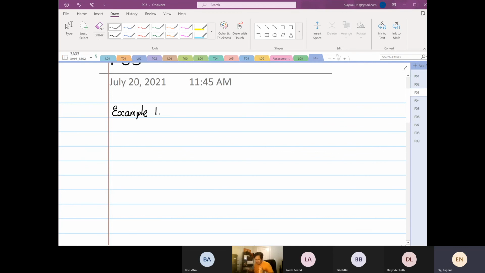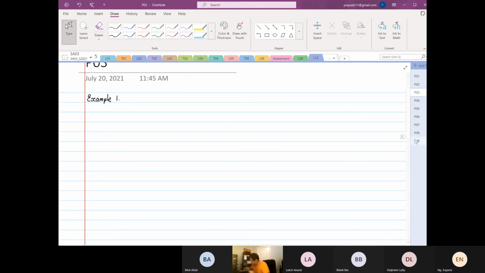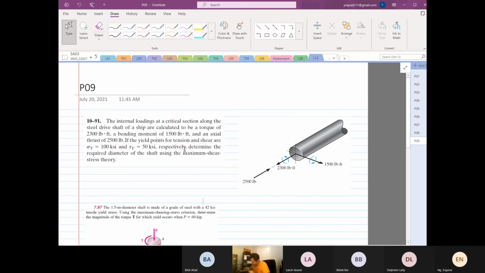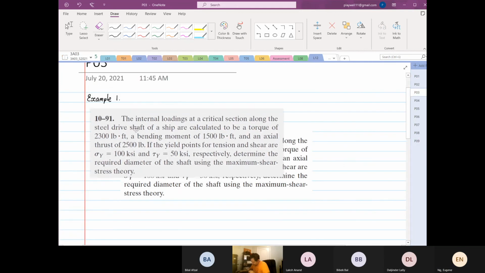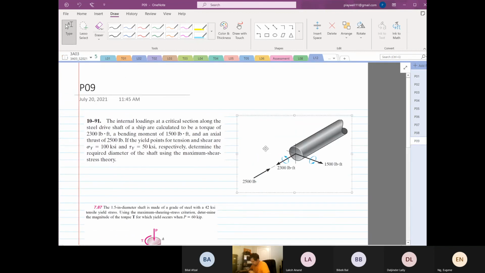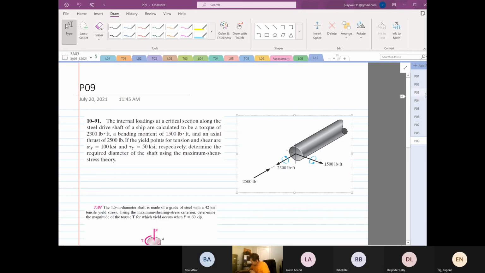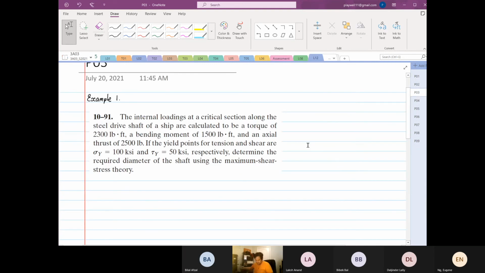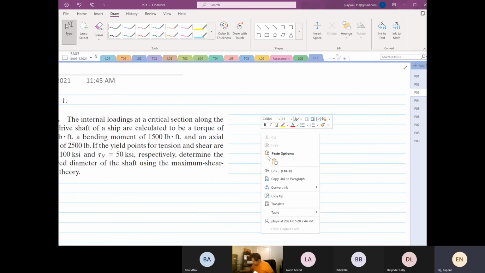Okay, and this is a 3D problem. Repeat again, this is a 3D analysis problem.